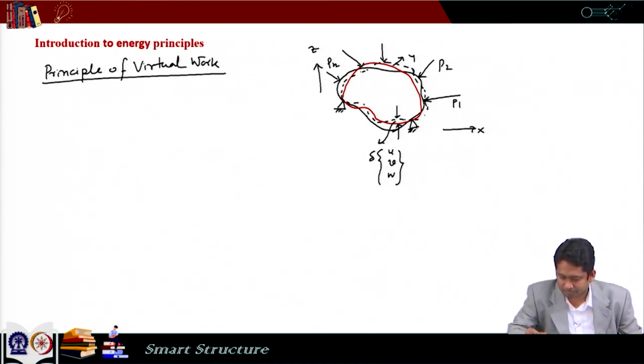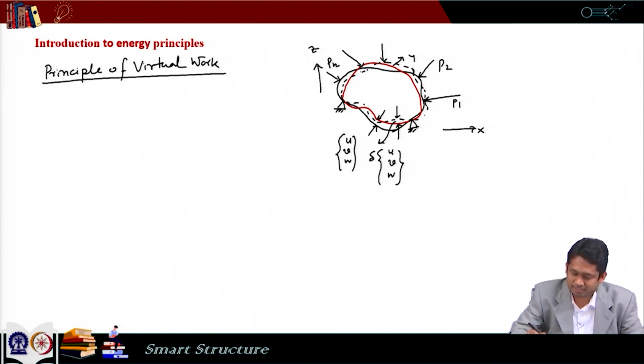Similarly, if I look at the difference between two other points, the difference between the firm black line and the firm red line, that is our u, v and w. They are not shown at the same point, they are shown at different points.